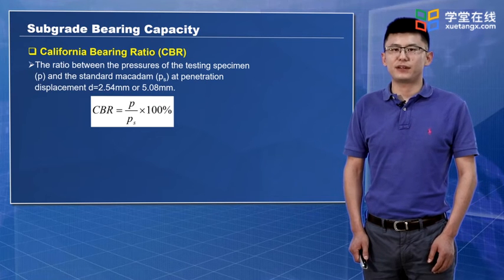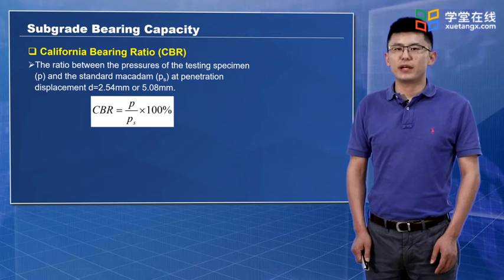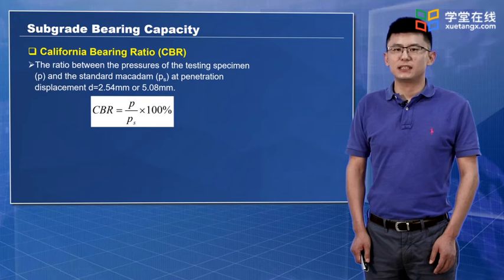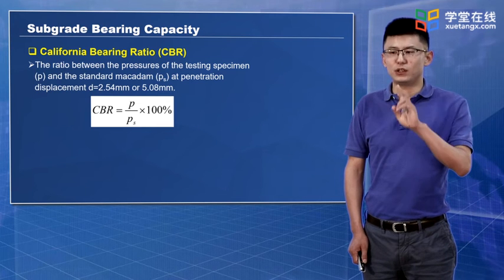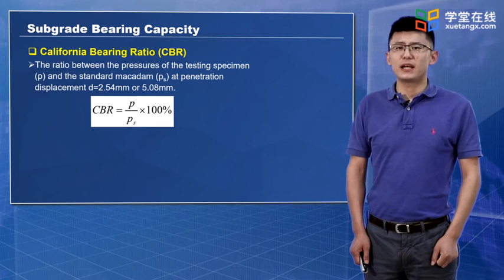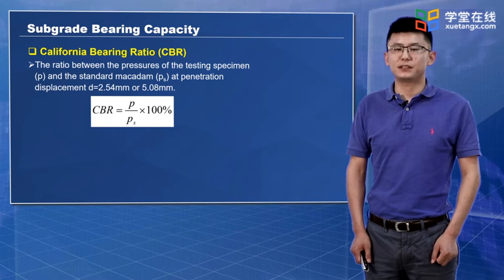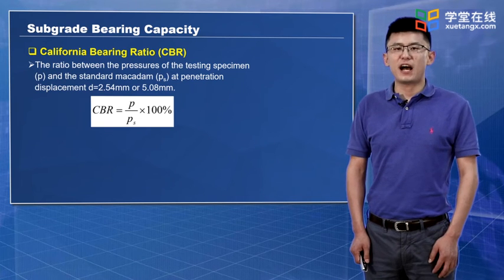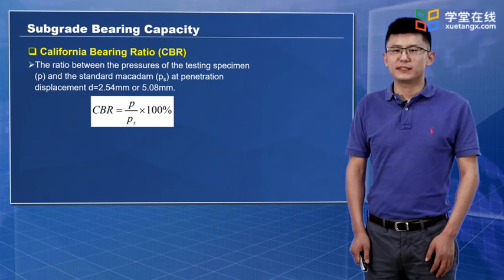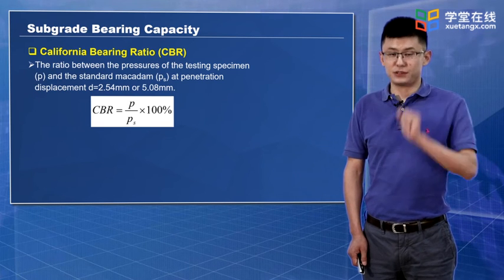And how to understand this? For example, if we have a standard macadam and we apply a penetration test, we apply a load, then we get a deformation of 1 inch or 2 inches. And we record the stress level, that is the standard stress. And if we have an unknown soil, we do the same testing, and we also get the deformation of about 1 inch or 2 inches.